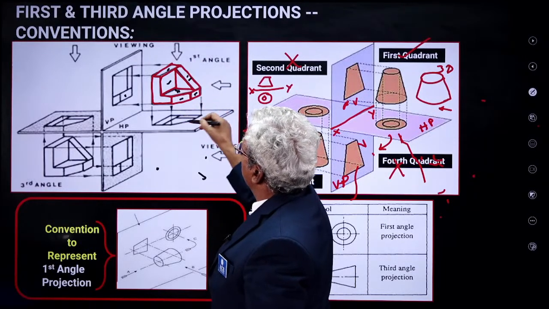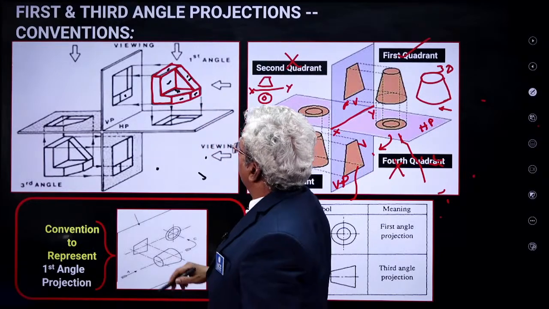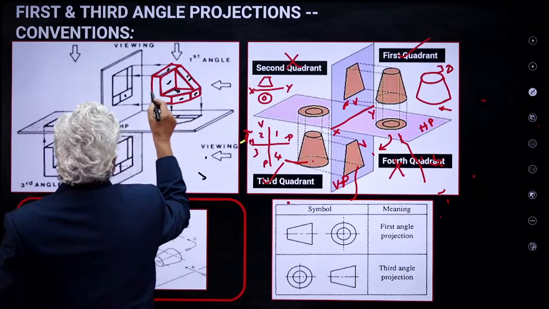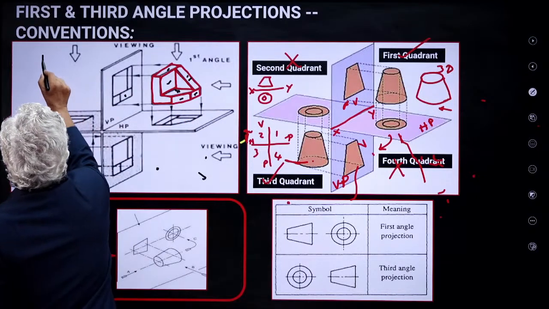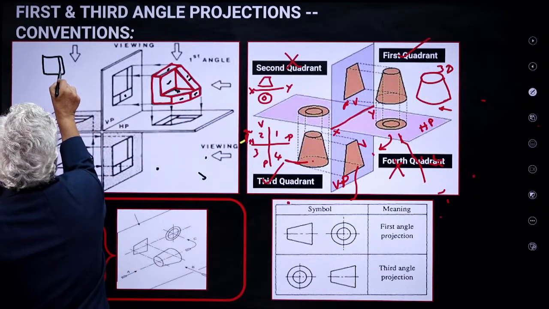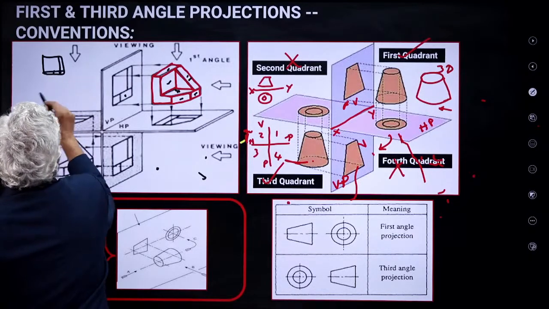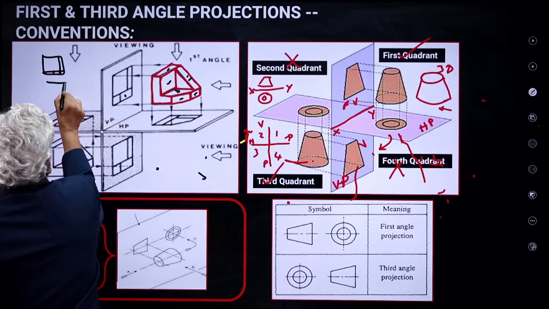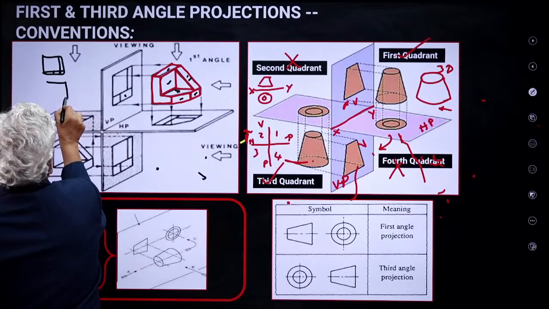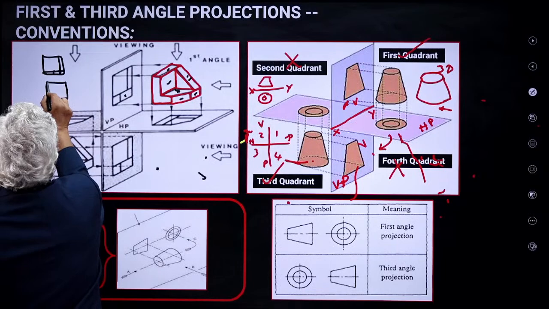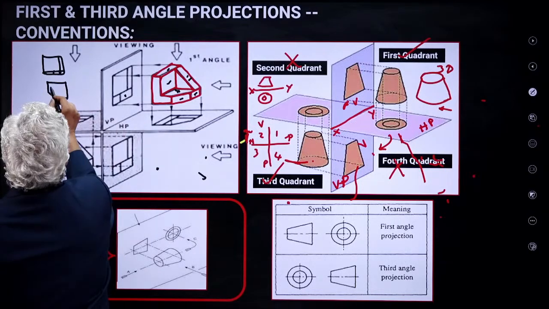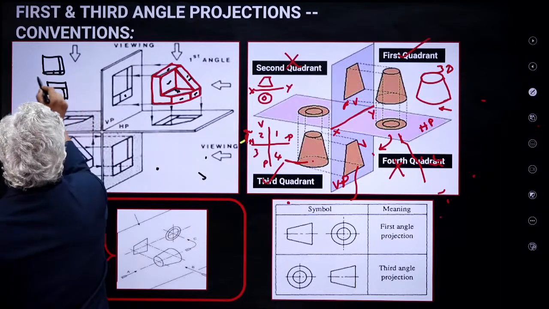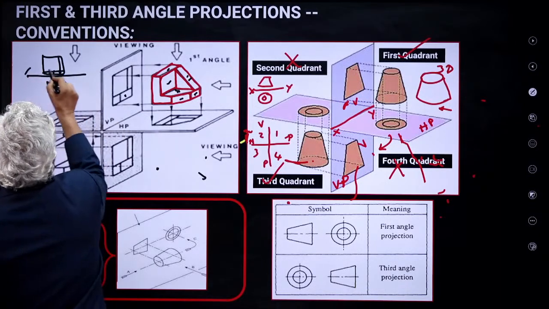So you can see those things and draw the figure, and you turn this so that in the first angle projection you get the front view like this and a top view as it is here, something like this. In between, since it is standing on HP, we have the XY line here.